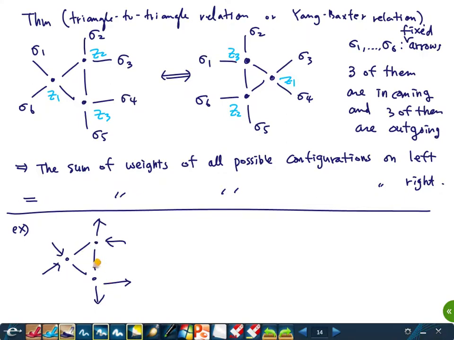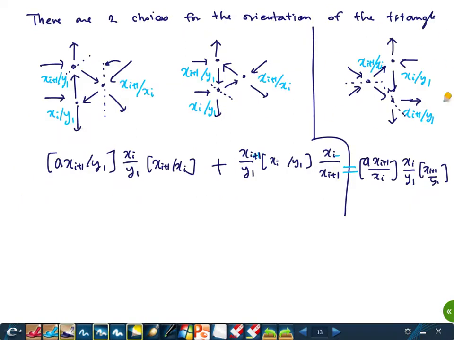How can you complete this? How can you give orientation so that this is a valid configuration? We have 2 incoming edges, so these must be fixed, right? And here we have 2 incoming edges, so we must have outgoing for this. So there is only one possibility in this situation, and the weight sum for all such configurations is this.